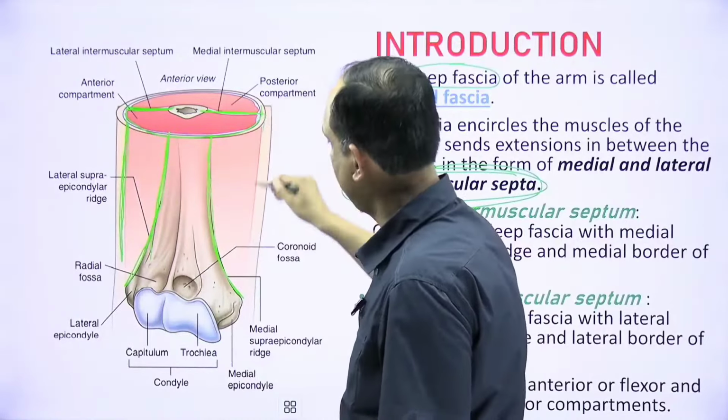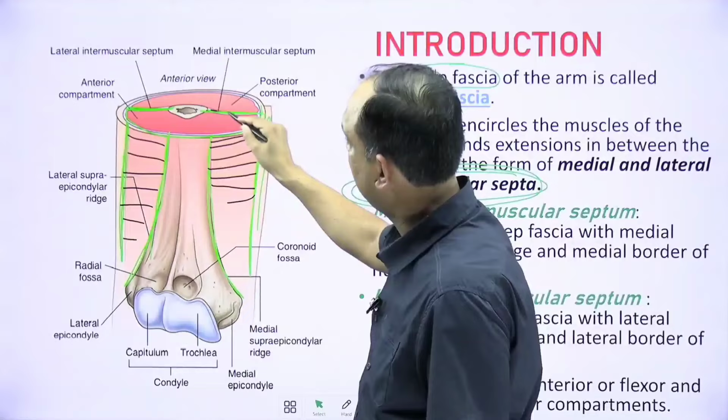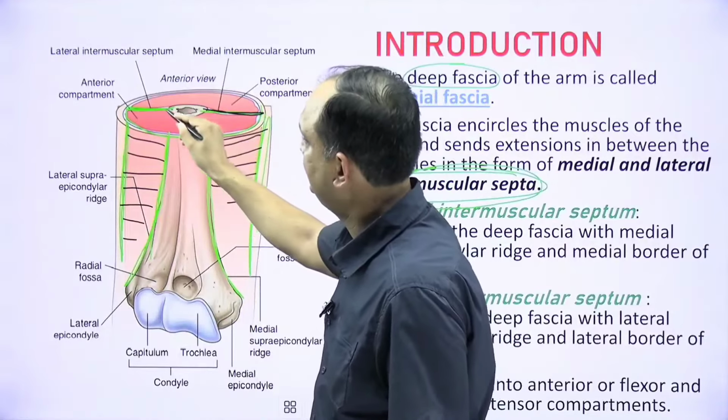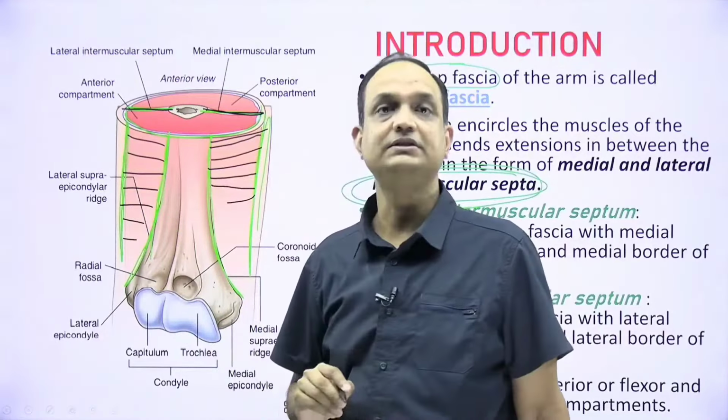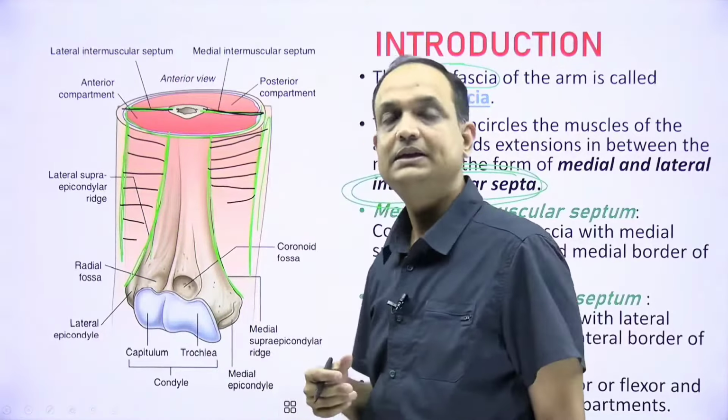The deep fascia sends the septa, and this septa attaches on both sides to the borders of the humerus, which are more prominent in the lower part and are known as the supracondylar ridge. The supracondylar ridge provides attachment to these extensions, which are known as intermuscular septa.